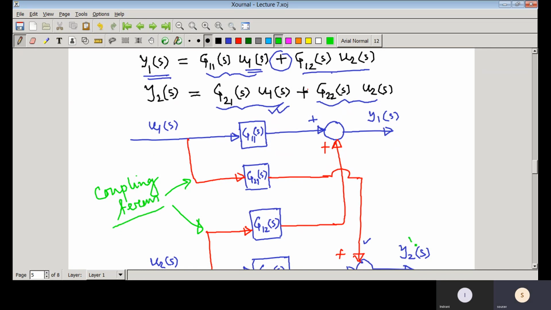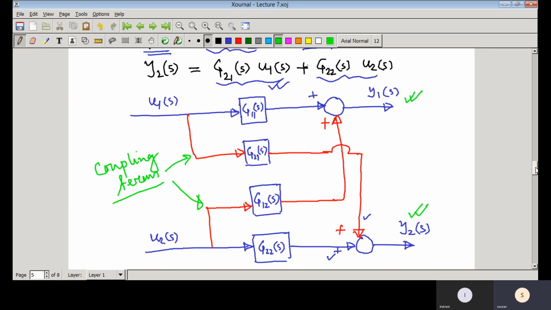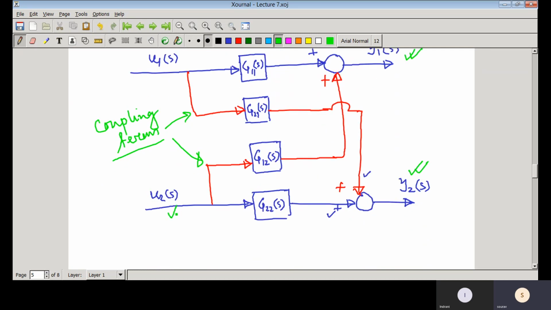Because output Y2 depends on U1, that means channel 1, through this particular transfer function.